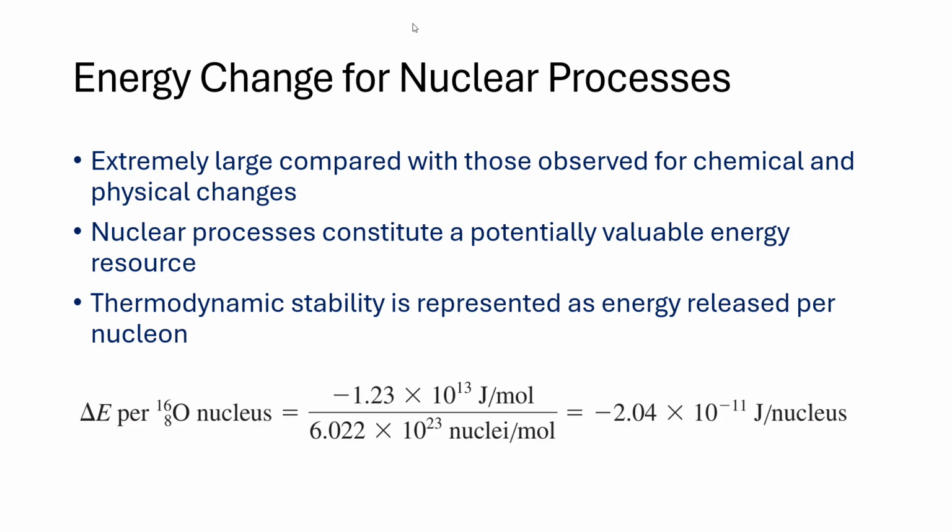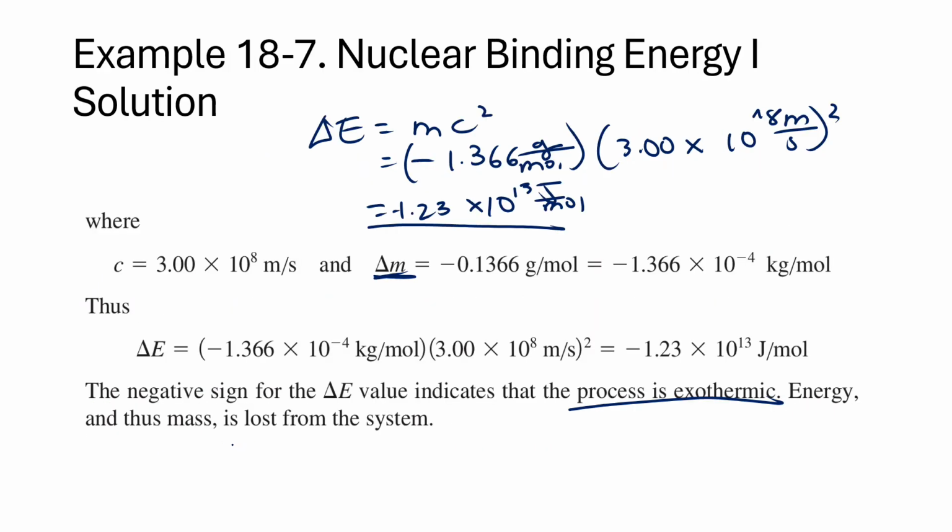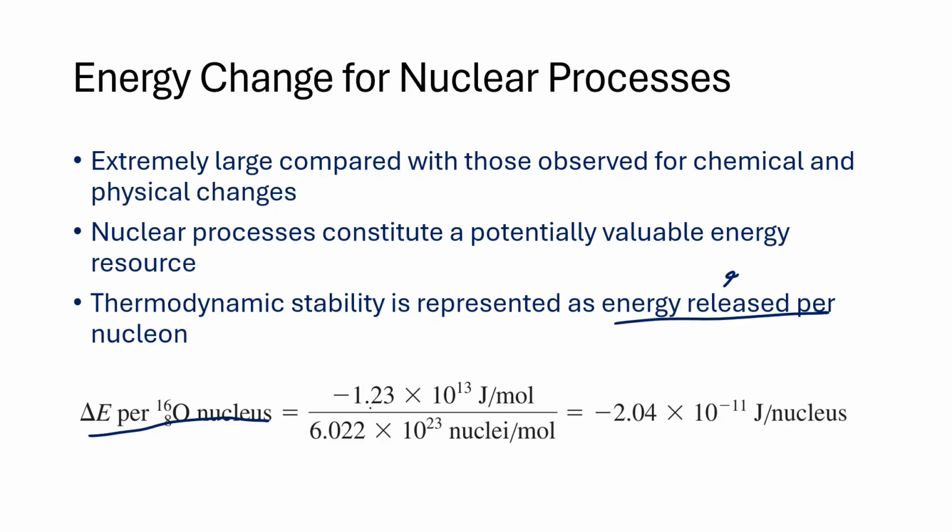Nuclear processes actually constitute a potentially valuable energy resource, and thermodynamic stability is actually represented as energy released per nucleon. Okay, so you have the energy released per nucleus, which we obtained here, negative 1.23.